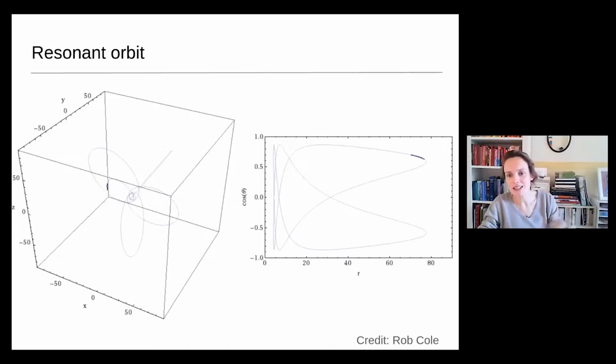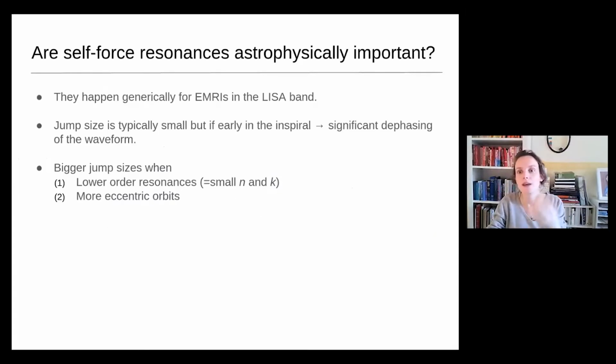So these resonances that occur because of essentially the self-force, you may ask yourself, are they astrophysically important? Maybe they're just mathematical oddities and you don't need to worry about them. But what others have shown is that they indeed generically happen for EMRIs, also in the LISA band.